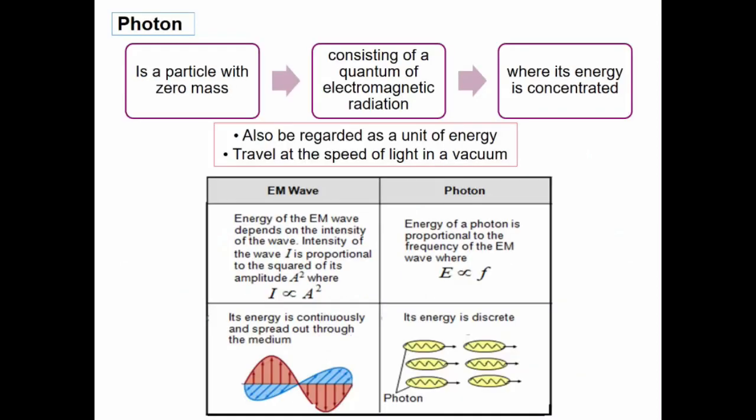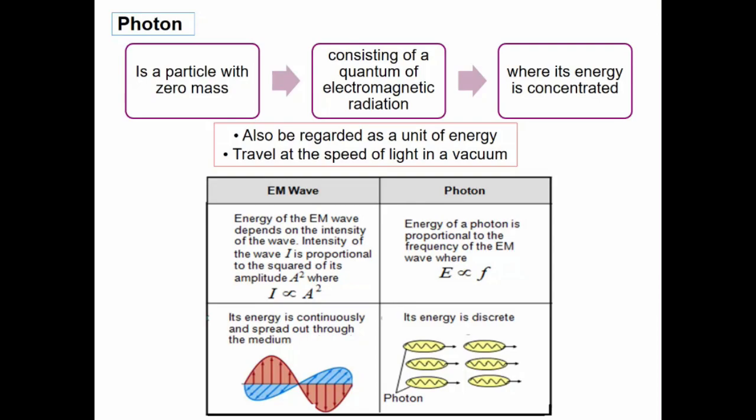Since all light ultimately comes from a radiating source, this suggests that perhaps light is transmitted as tiny particles, or photons, as they are now called, rather than as a wave. By definition, a photon is a particle with zero mass consisting of a quantum of electromagnetic radiation where its energy is concentrated.